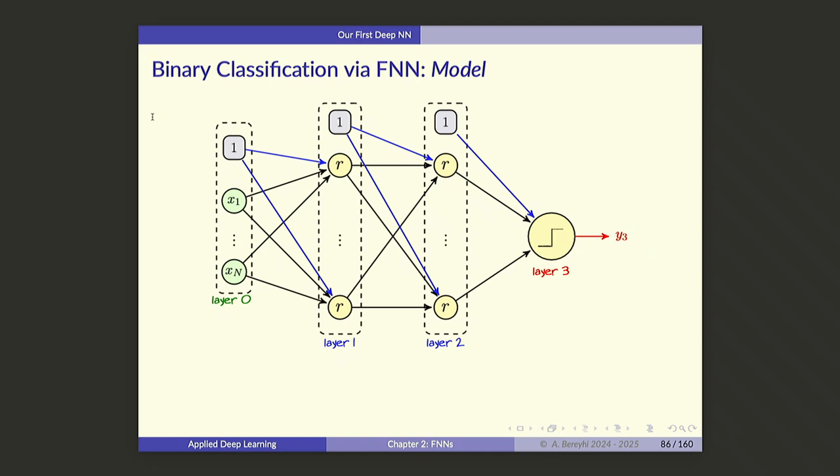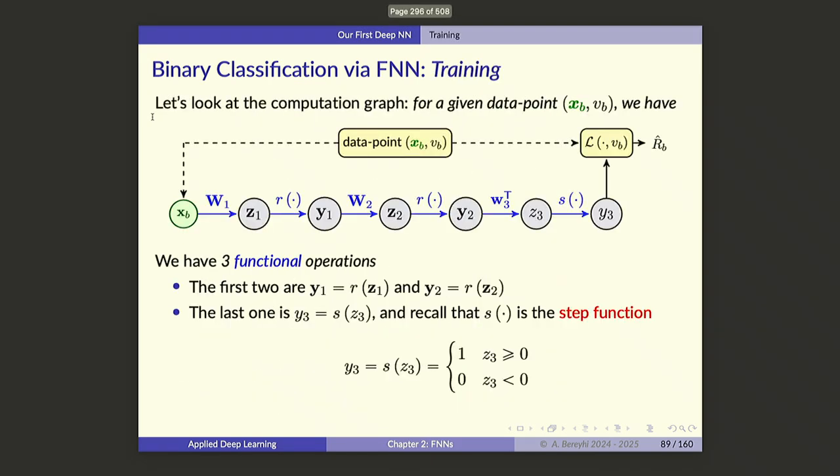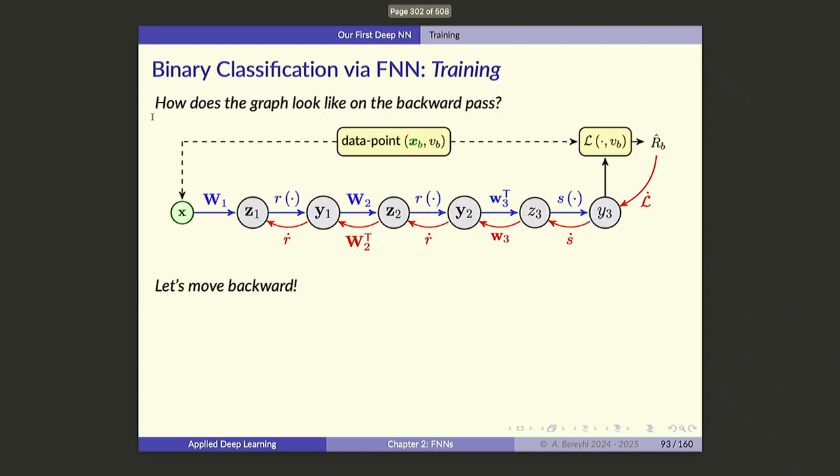We did this with the perceptron, but what we noticed was that when we want to backpropagate over this architecture, this computation graph, we're going to get into trouble. We had 2 main troubles. What are the troubles? The activation function of the output and the loss.